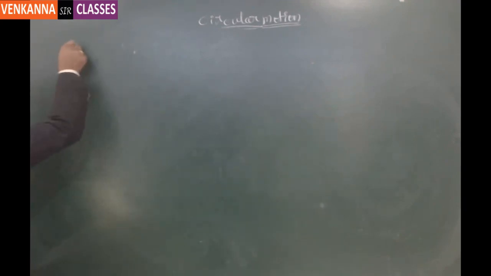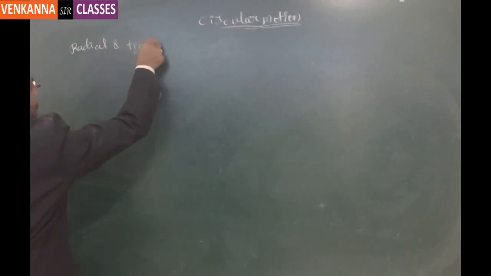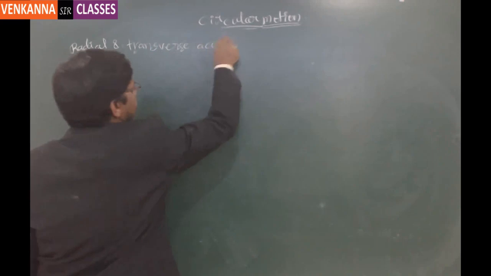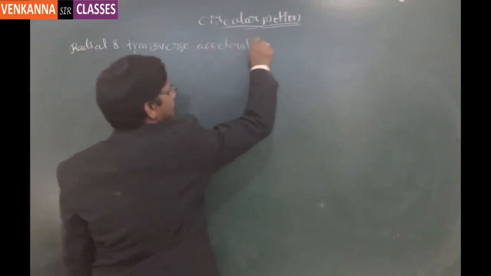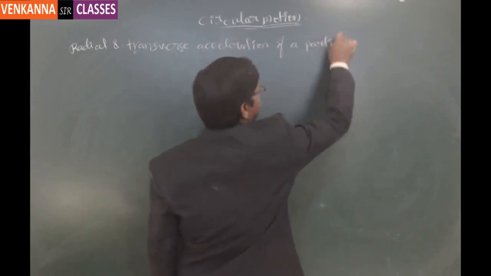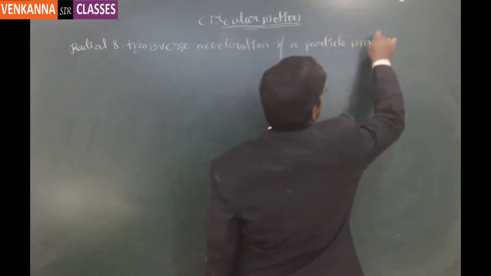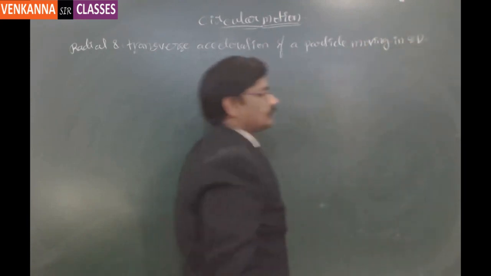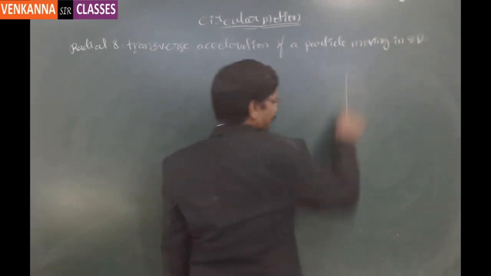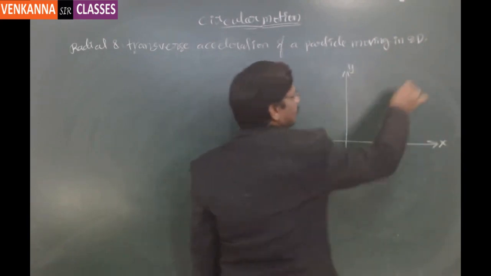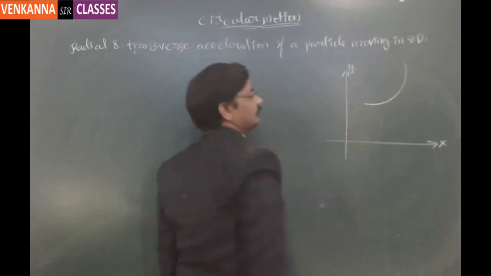Radial and transverse acceleration of a particle moving in 2D. Now, let us say this is the x-axis and this is the y-axis, and the particle is trying to move in this particular direction.